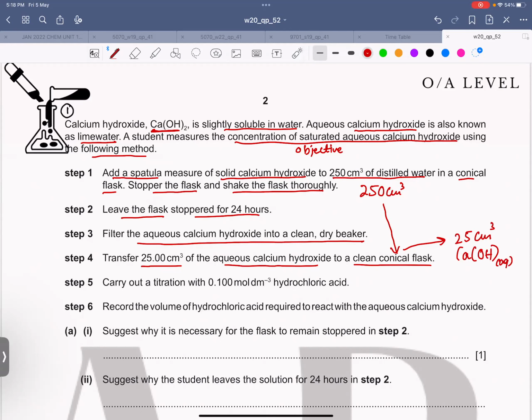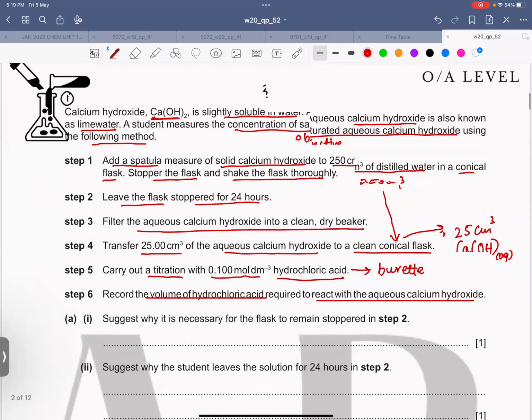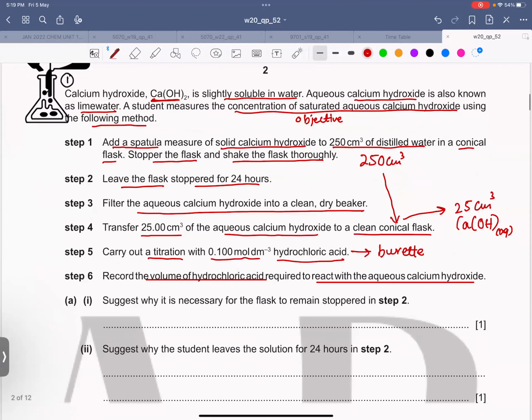Carry out titration with 0.1 mol per dm³ hydrochloric acid. So it means that hydrochloric acid must be placed in a burette, right? Now record the volume of hydrochloric acid required to react with aqueous calcium hydroxide. Then we have noted down the volume of hydrochloric acid that was used for the endpoint.